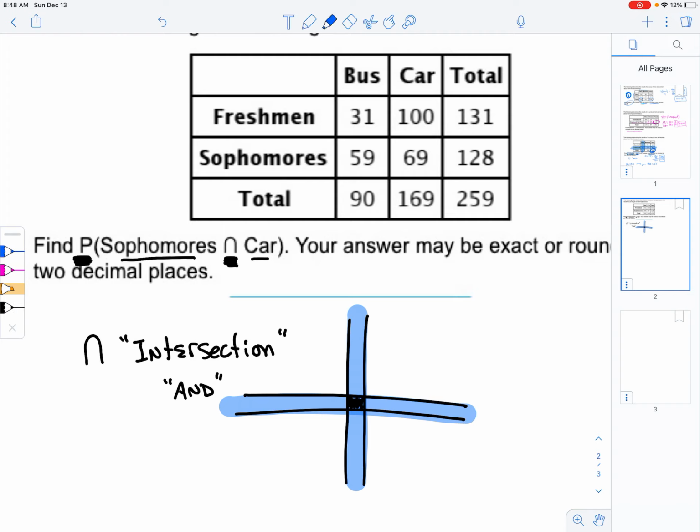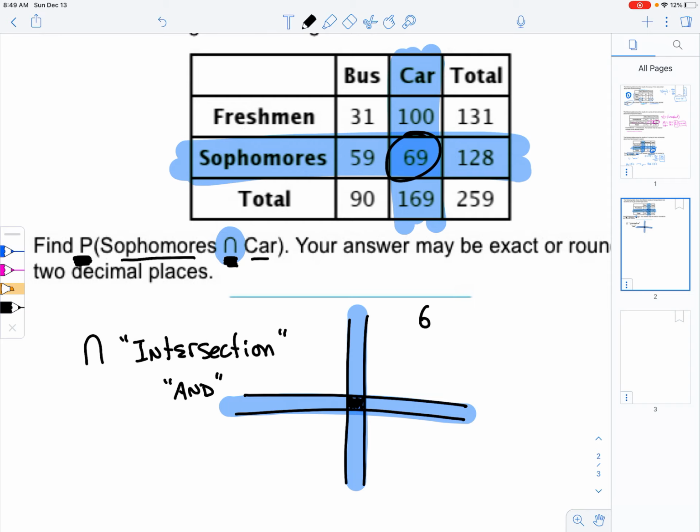Here's what I observe. Here's the sophomore line, and here's the car column. I want the intersection, and you can see it's pretty easy to see. It's the thing that is intersecting between those two. So you're going to make yourself a probability.